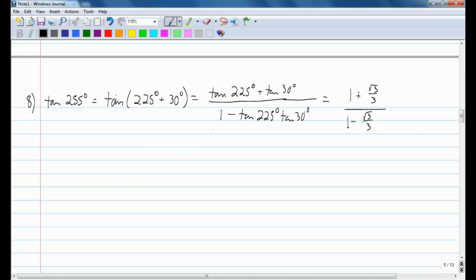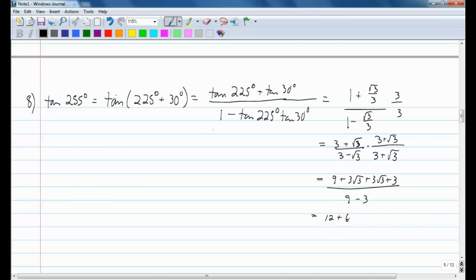Now, let's simplify this, get rid of the fraction, so multiply the numerator and denominator by 3, and you get 3 plus the square root of 3 over 3 minus the square root of 3, and now multiply by the conjugate to rationalize. So that's going to be 9 plus 3 square roots of 3 plus 3 square roots of 3 plus 3 all over 9 minus 3.